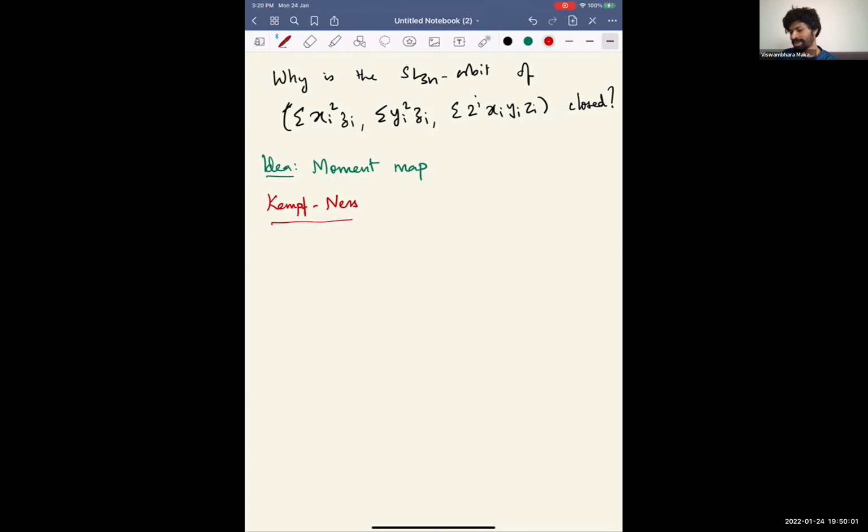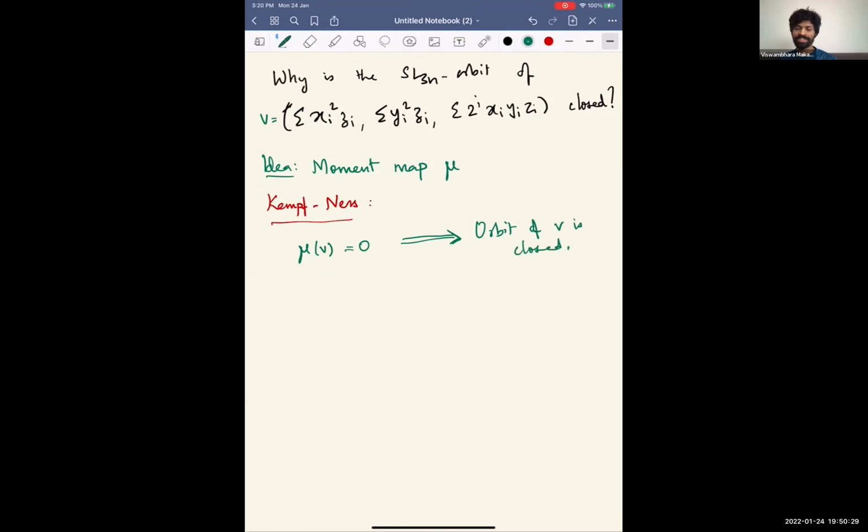But there's this result of Kempf and Ness that says that, okay, so this moment map I'm going to denote by mu. I won't tell you where it goes from to what, okay, but not yet. But one of the results of this Kempf-Ness theory is that if the moment map is 0 at little v, this implies that the orbit of v is closed.